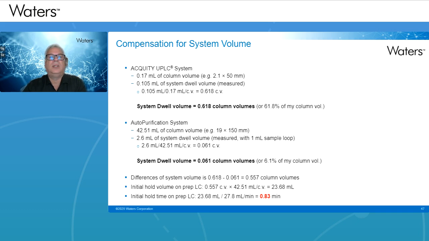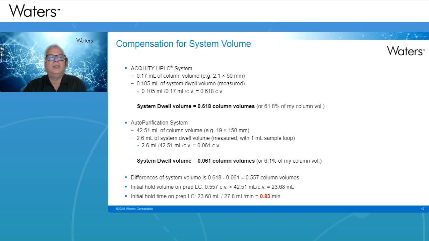Now, for the system volume, we will look into the UPLC system that we were using initially. We have calculated the dwell volume in terms of column volumes. So you can see this is the dwell volume of my system that we have measured, and this is the column volume. My dwell volume represents 0.6 of my column volume, so 0.618 column volume.